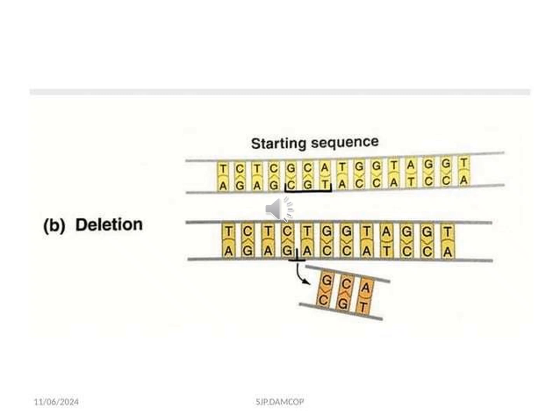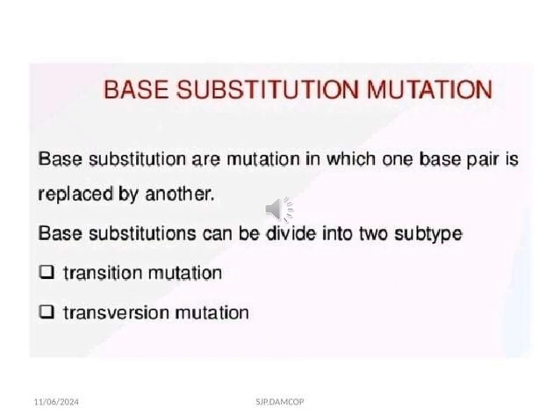So insertion and deletion mutations can alter the DNA by adding or removing nucleotides, and when not in a multiple of three, they can cause a frameshift mutation leading to major protein dysfunction.